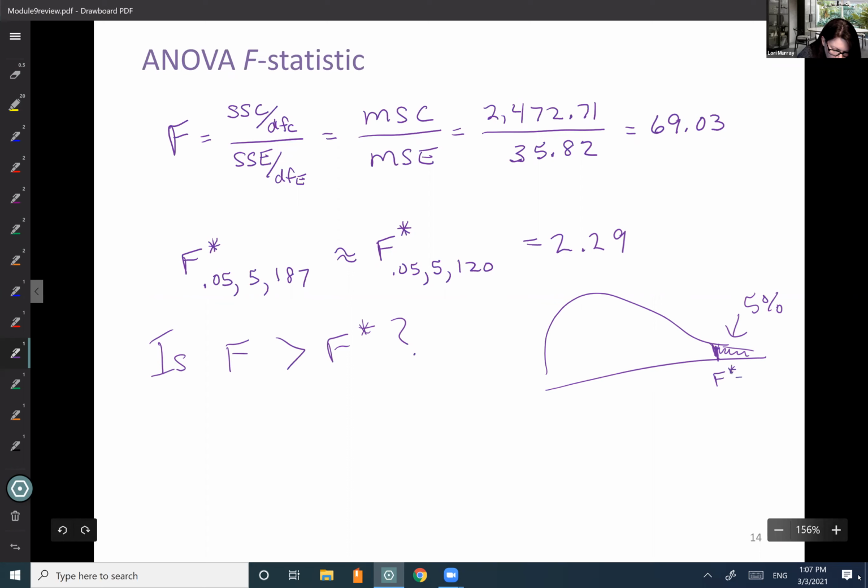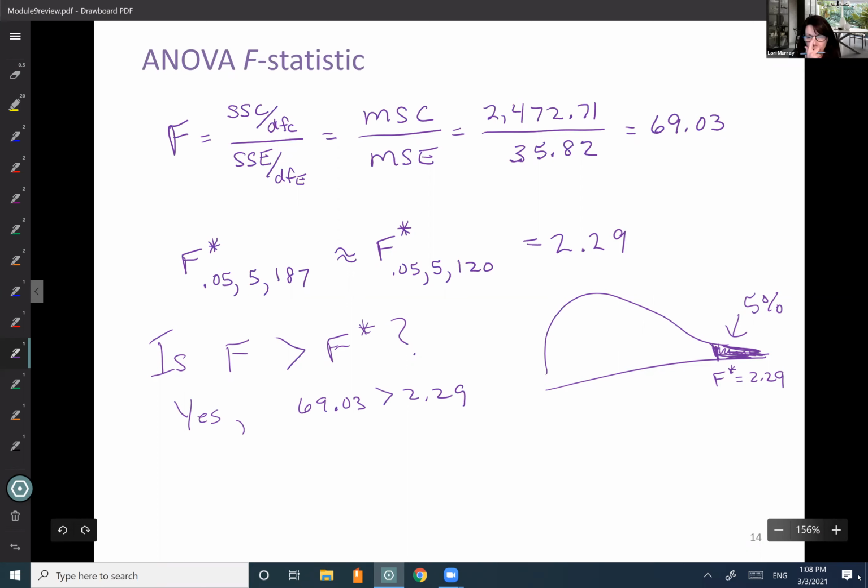F star equals 2.29. So is our observed value in that critical region, the rejection region? Is it there? The answer is yes, because 69.03 is greater than 2.29.